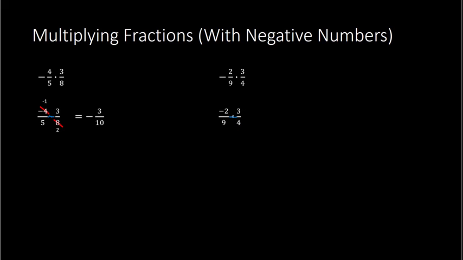I can divide both by 2, so negative 2 divided by 2 is negative 1, and then 4 divided by 2 is 2. And then the 3 and the 9 can also reduce. I can divide both by 3. 3 divided by 3 is 1. 9 divided by 3 is 3. So I have negative 1 times 1 on the top, and then 3 times 2, or 6, on the bottom. So my solution is negative 1 over 6.